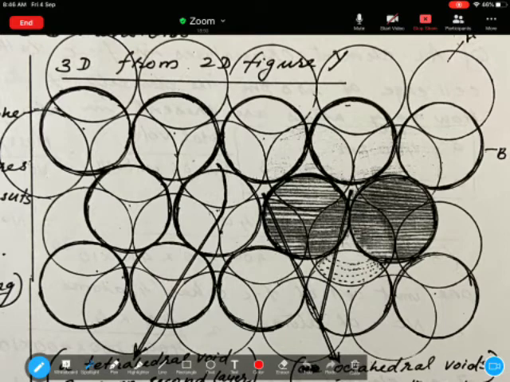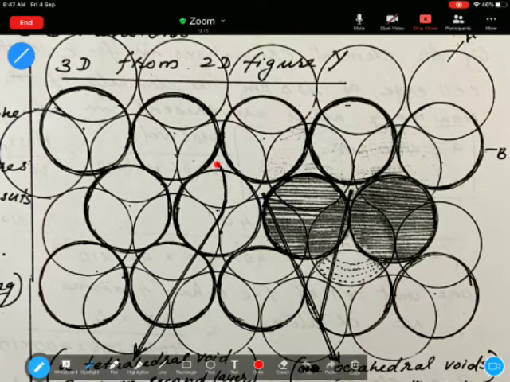Third layer spheres can be kept either on these tetrahedral voids or on octahedral voids. When you keep the third layer balls or spheres or atoms or molecules on all the tetrahedral voids, that time you cannot keep on octahedral voids.